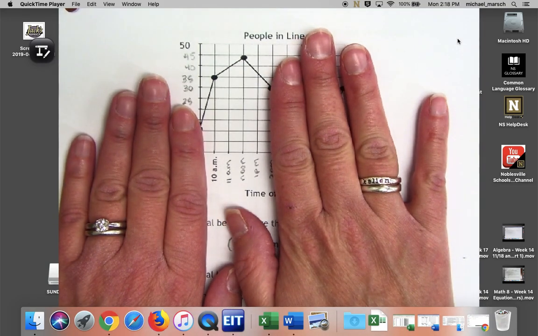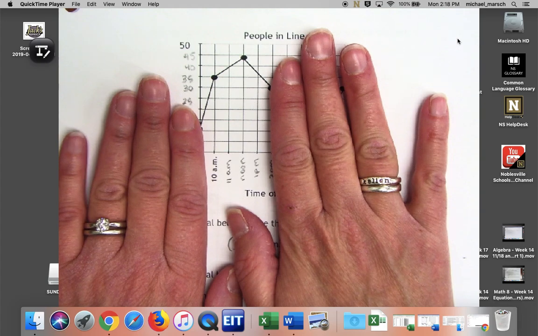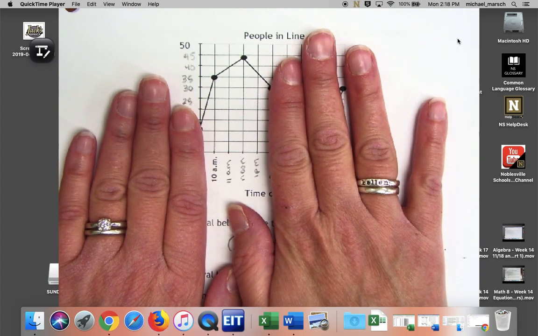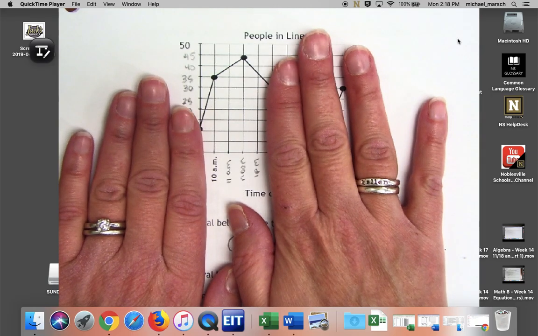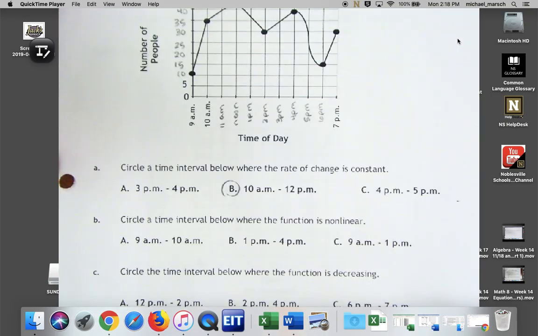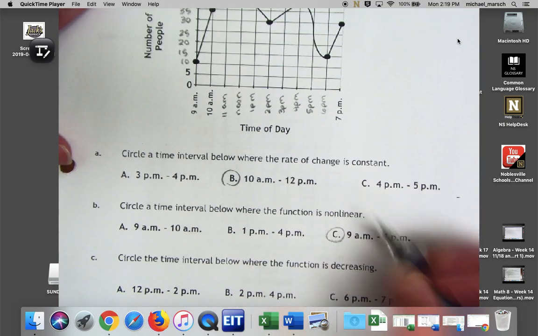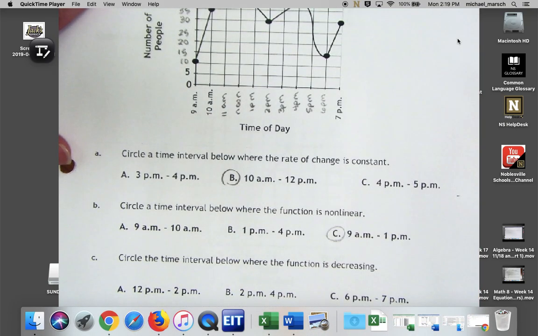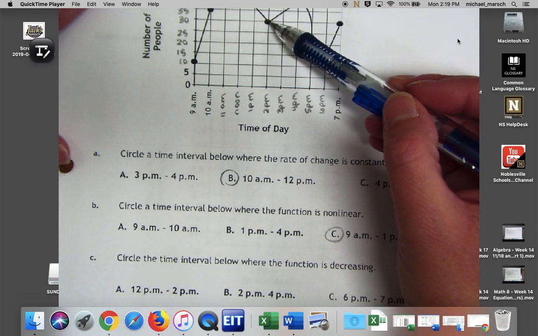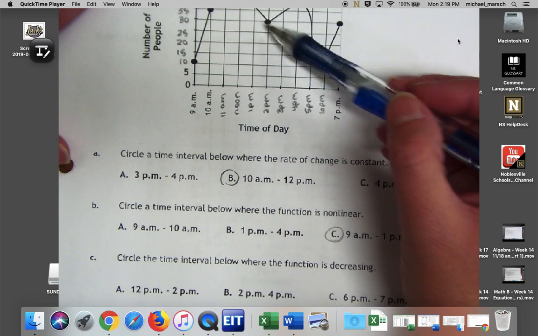Is it a constant rate of change, or does it increase, decrease? So that's nonlinear right there. Remember we had that zigzaggy one on our notes last week that was confusing? So this is going to be nonlinear. 9 to 10 is straight and linear, and 2 to 4 is straight and linear.